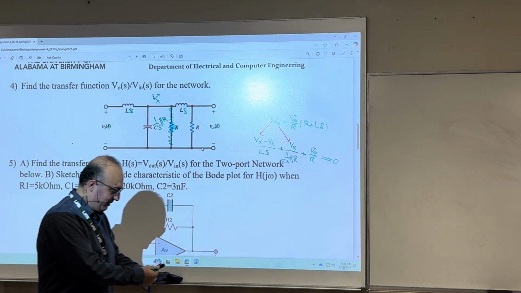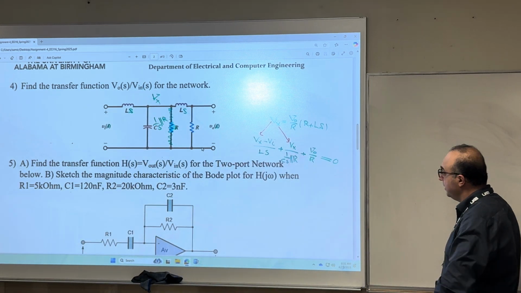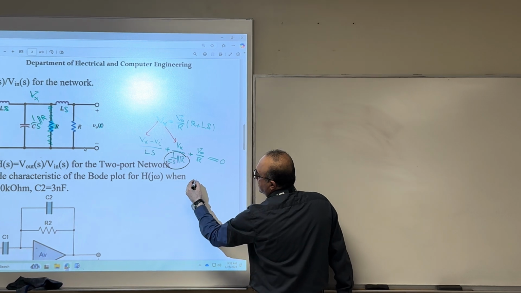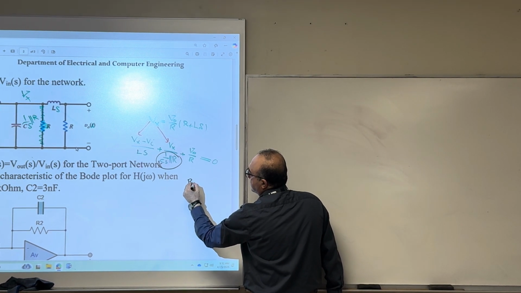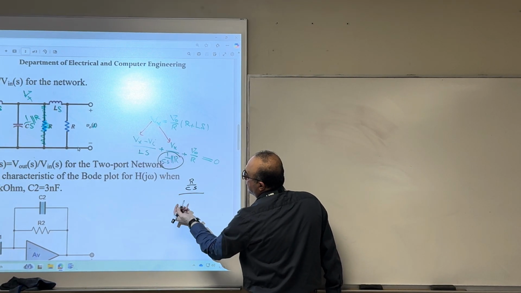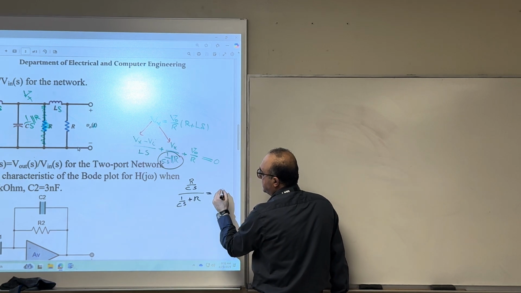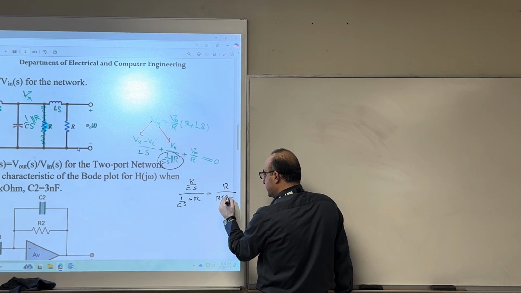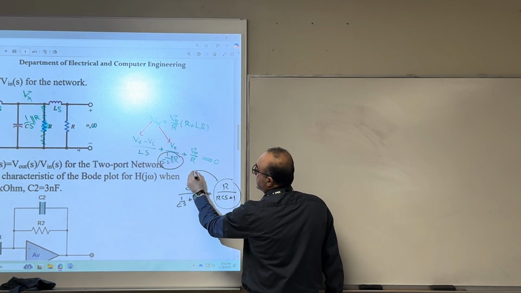I will do it. Okay. First, I will take care of this one, R times 1 over CS over 1 over CS plus R. The result is R over RCS plus 1. Okay, I will put this one.